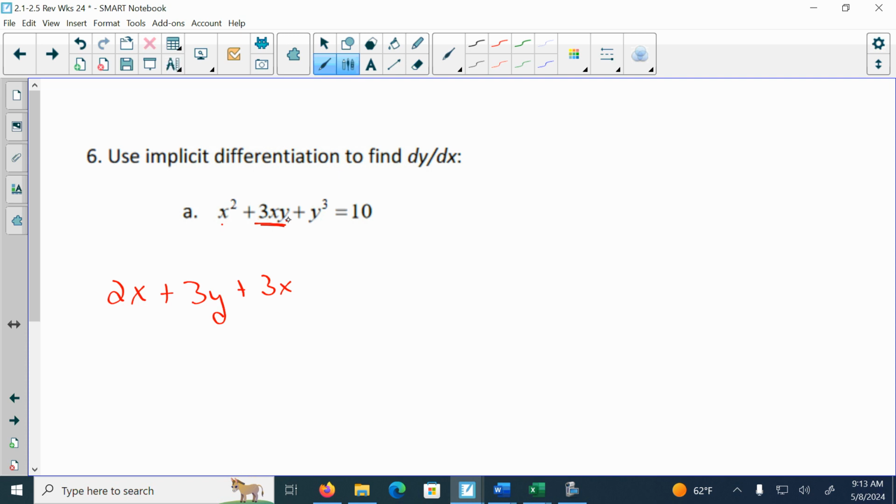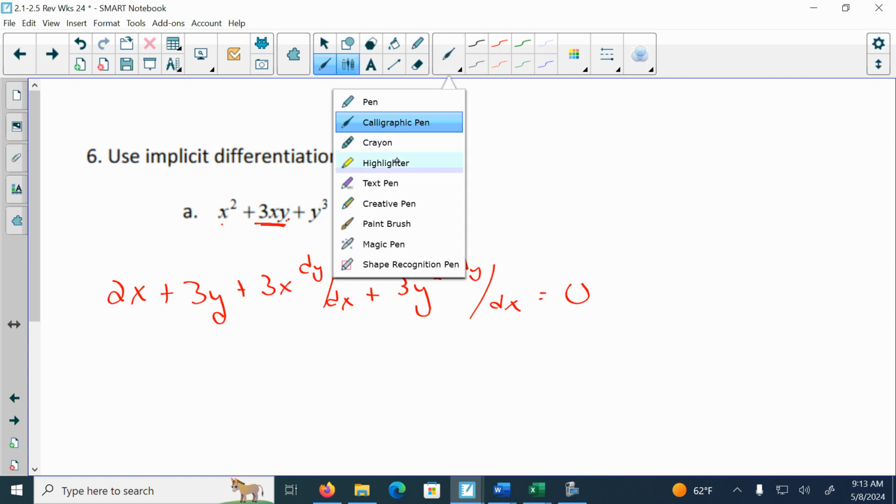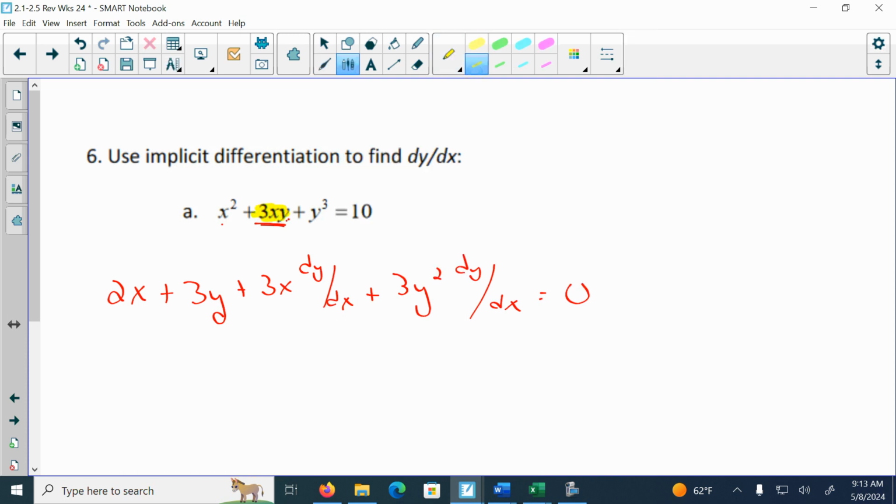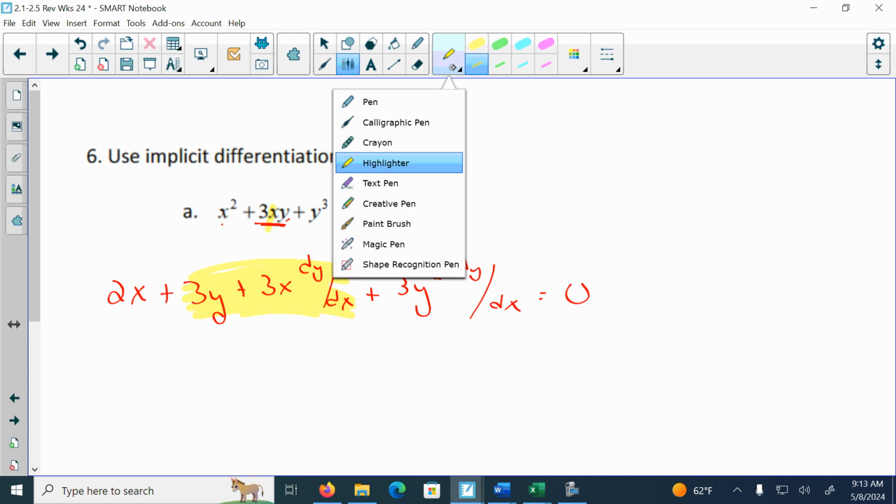The derivative of this y is dy/dx. Plus, now taking the derivative of y to the third, 3y squared dy/dx, and then the derivative of 10 is 0. Just to remind you, this 3x has to use the product rule. Do not forget to use the product rule.